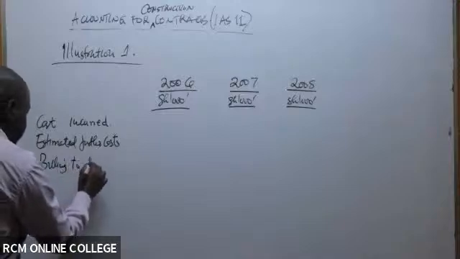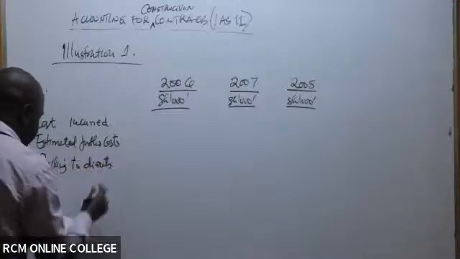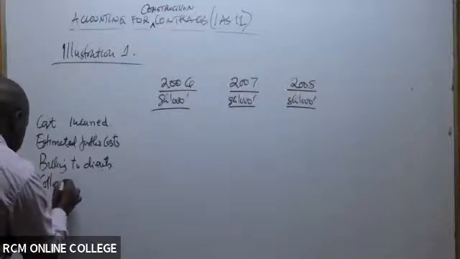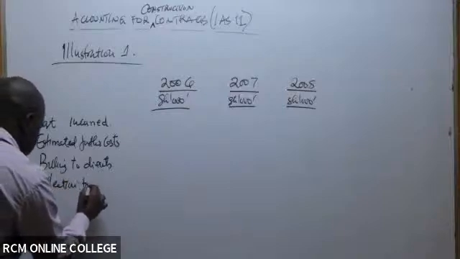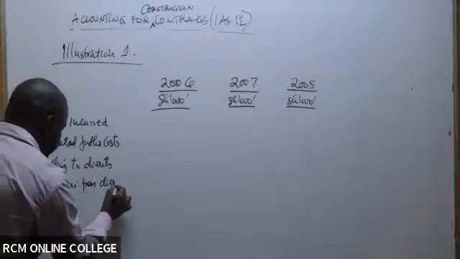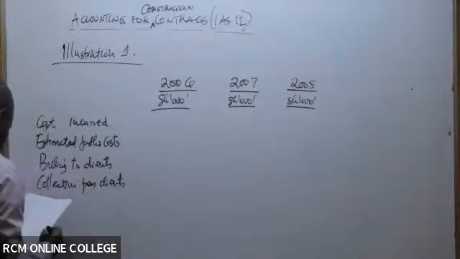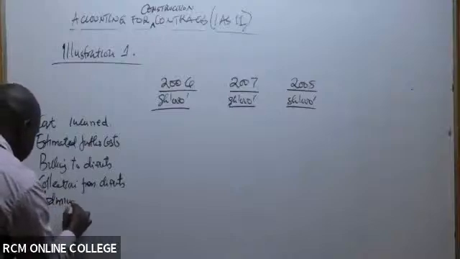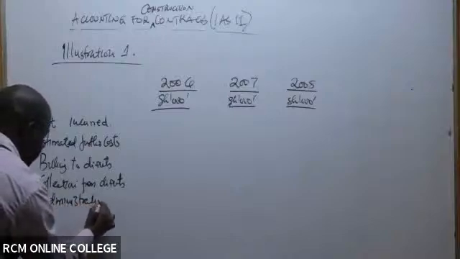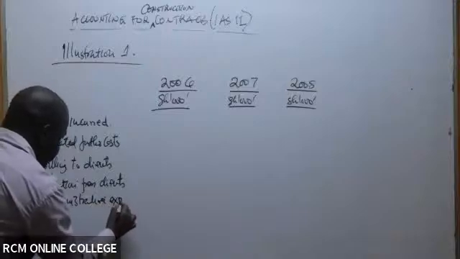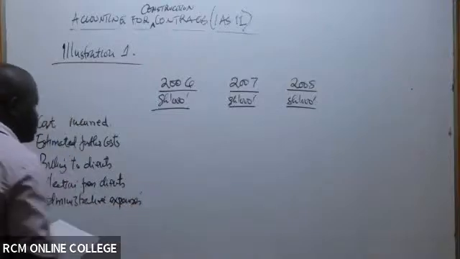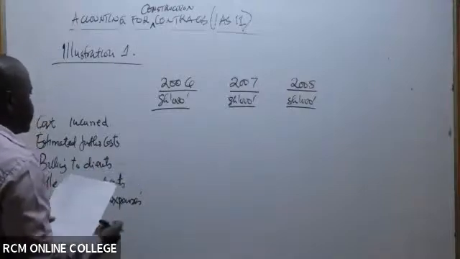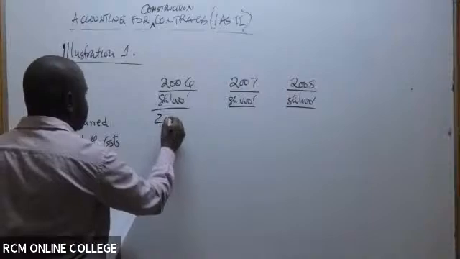We have collection from clients. Then we have administrative expenses. So for the cost incurred for the year 2006, this one is 20.